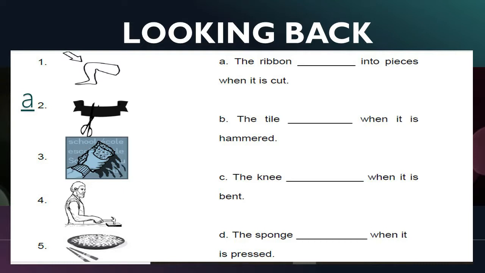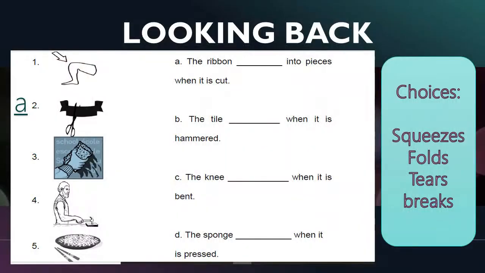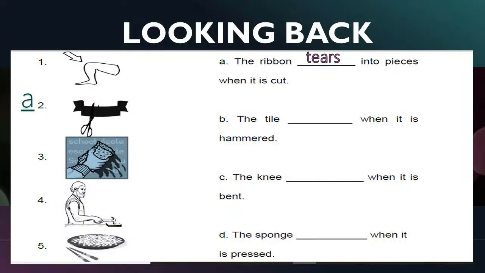Now, what will be the missing word? Here are the choices: squeezes, folds, tears, and breaks. What will be the appropriate word for letter A? Correct. Tears. The ribbon tears when it is cut.